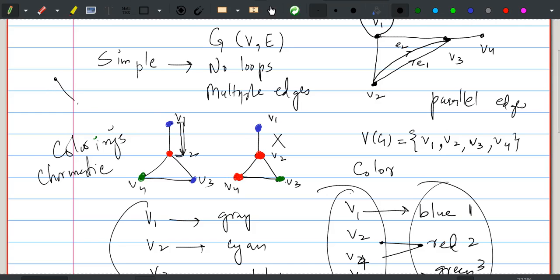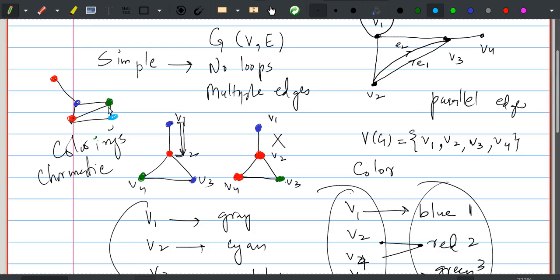So if we look at this graph here, we can use a red here, blue here, a red here, suppose green here, and suppose this cyan color here.